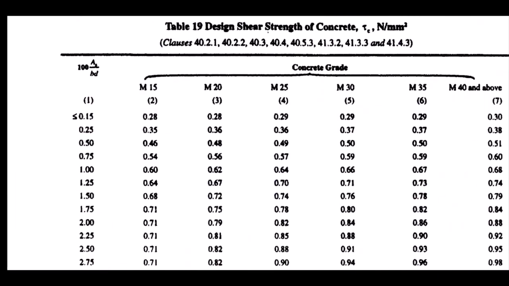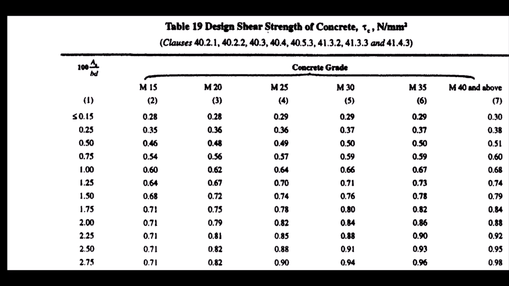Now this is table number 19 of IS 456 2000, design shear strength of concrete tau C in Newton per millimeter square. The first column is 100 Ast by bd, that means percentage of steel, which is 0.33 in our case. There is no value for 0.33, but it lies between 0.25 and 0.5.